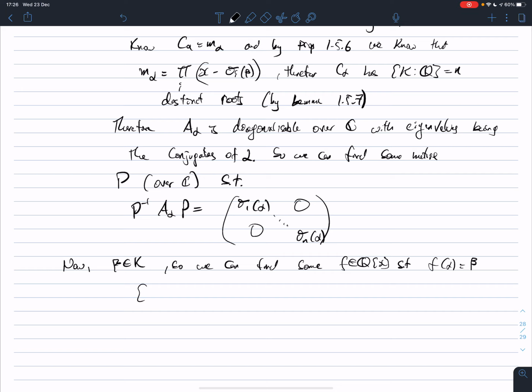Just remember that elements of Q(alpha) look like a0 plus a1 alpha plus up to an alpha to the n, where these ai are in Q. Once we pick a basis as sets, this is what things look like. And beta is some element of K, which is Q(alpha), so beta can be written like this. So take this and make a polynomial out of it. This is your polynomial such that f of alpha equals beta.